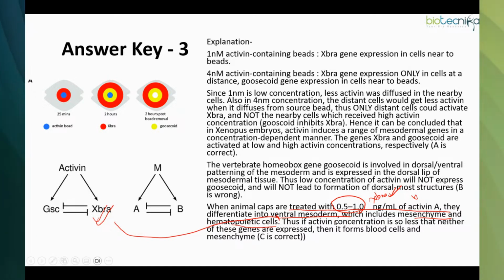So that is the blood and muscle cells that we got. So that will get triggered by ventral mesoderm. So if activin concentration is so less that neither of the genes are expressed, then in that case they will not be able to form hematopoietic cells and mesenchyme. That is, it is even less than 1. Got it?